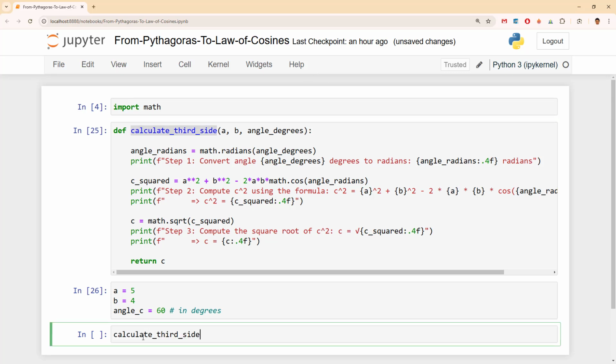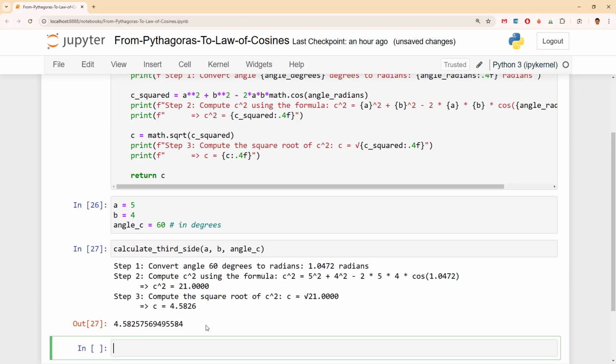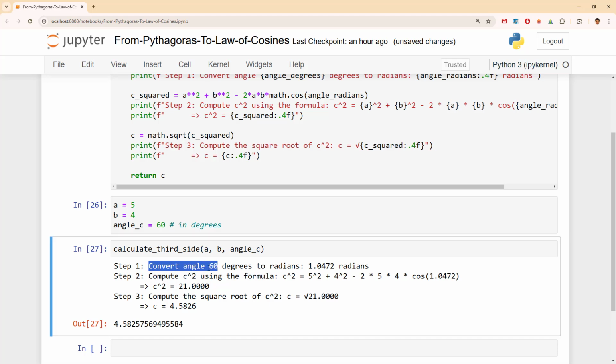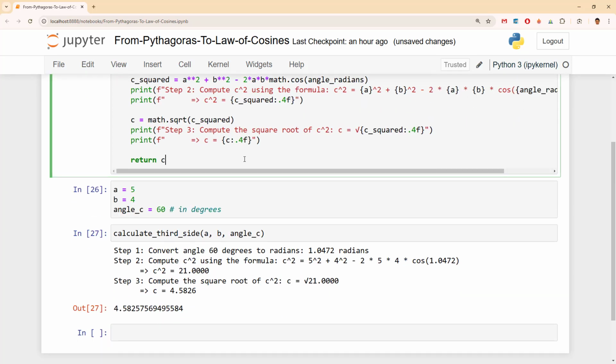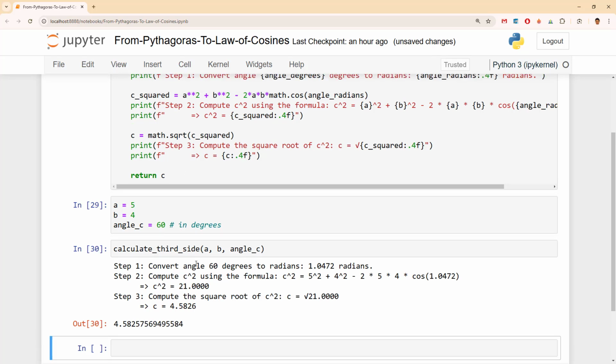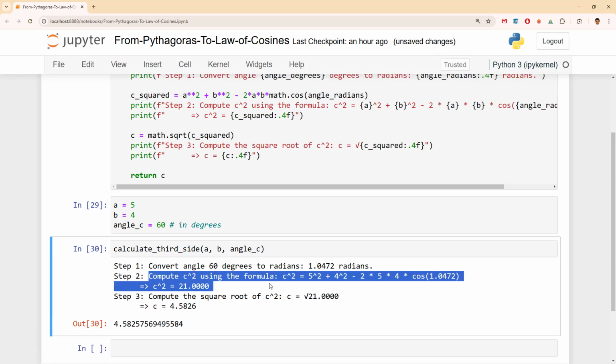And calculate third side, a, b, angle c. So convert angle 60 degrees to radians. It says how many radians it is. We need a full stop here because it looks nicer. Step 2, compute c squared using the formula.